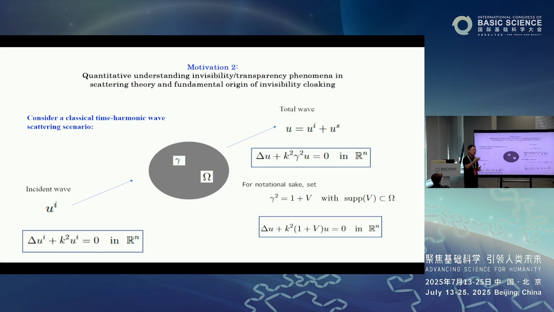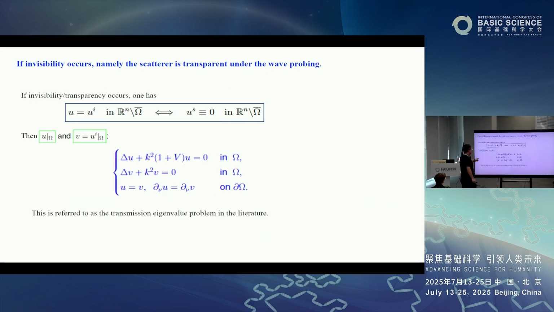What you observe outside is still the same wave. So no perturbation. It's just like this object is invisible with respect to your probing. So that means the scattered wave field is zero outside this omega.